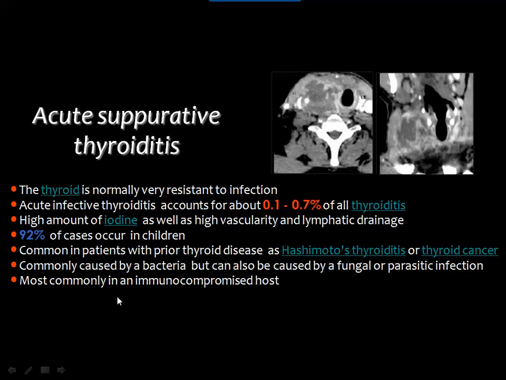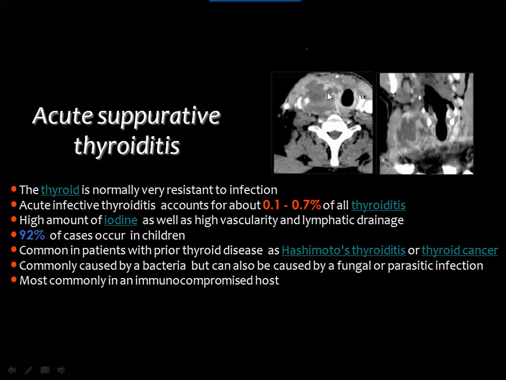Then this acute suppurative thyroiditis may be common in patients with prior thyroid disease like Hashimoto thyroiditis and even thyroid carcinoma. And because this gland is resistant to infection, the infection is usually seen in immune compromised patients.